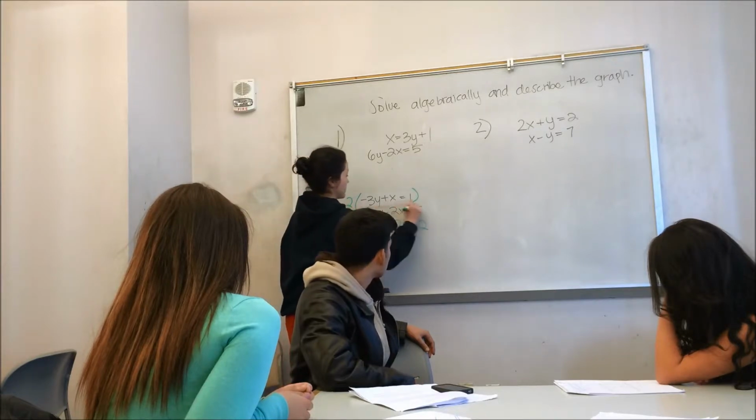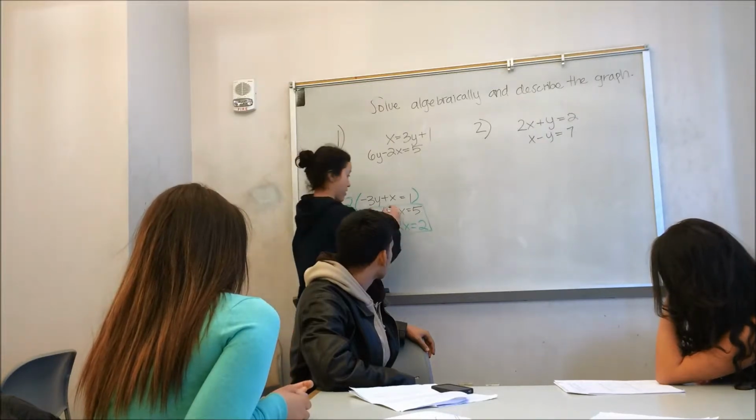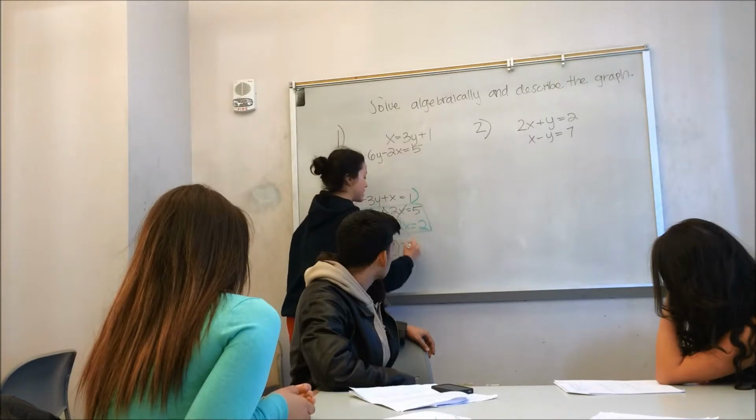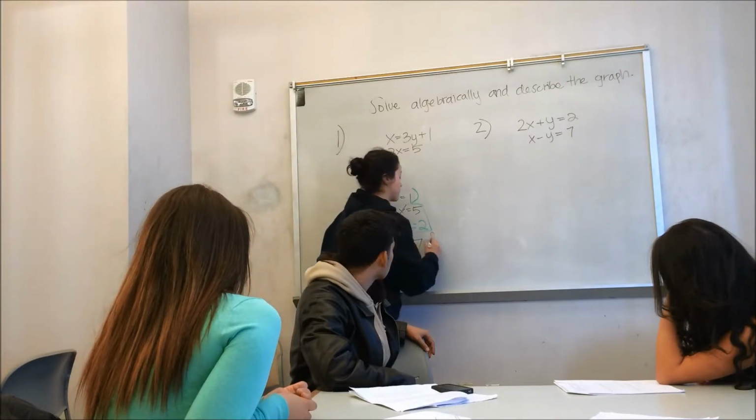Now, we'll start from here. These are what we're going to focus on right now. So this crosses out, and this crosses out. So now we are left with 0 equals 7, which does not make sense. That is a false statement.